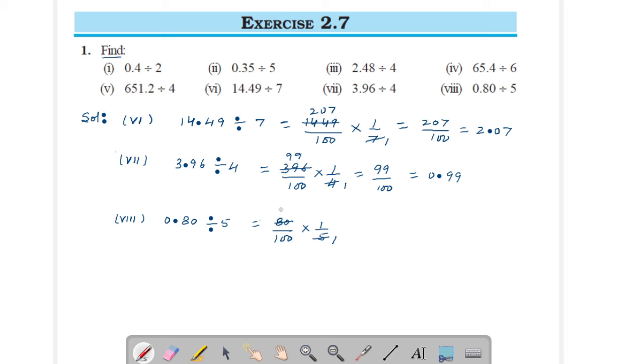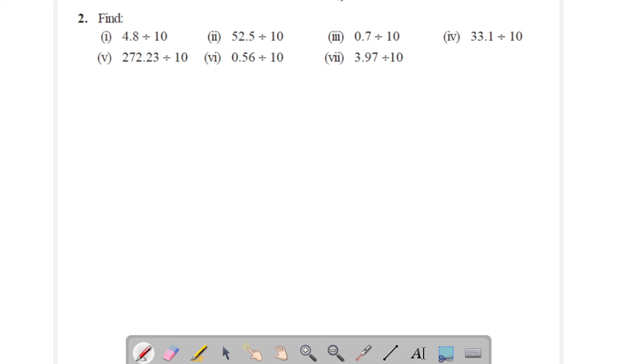Here 5 1 ja 5 and 6 30. It can be written as 16 upon 100. Put decimal. It can be written as 0.16. This is your answer. Now come to question number 2. Find. See the solution.